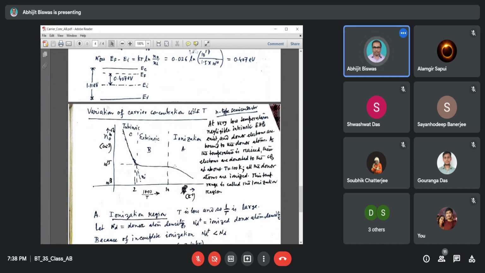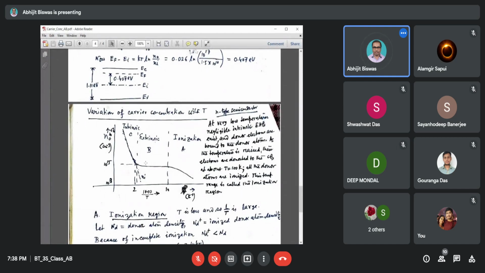After that, we come across the extrinsic region where the electron concentration does not vary with rising temperature, but it is valid till say T equal to 450 degree or so.